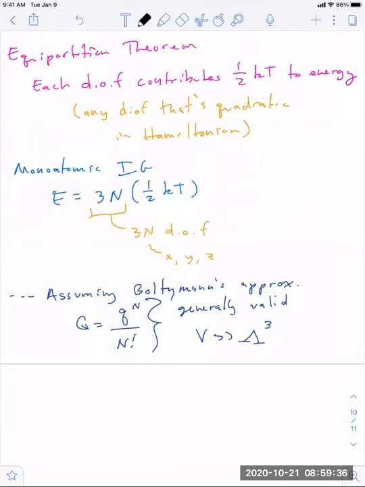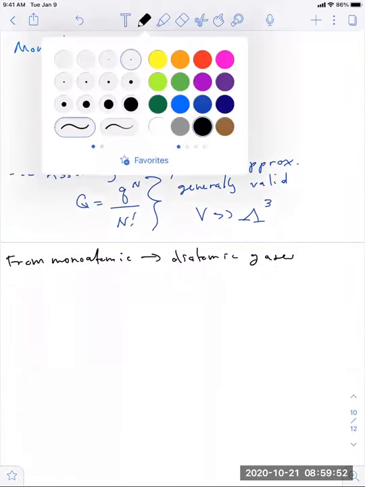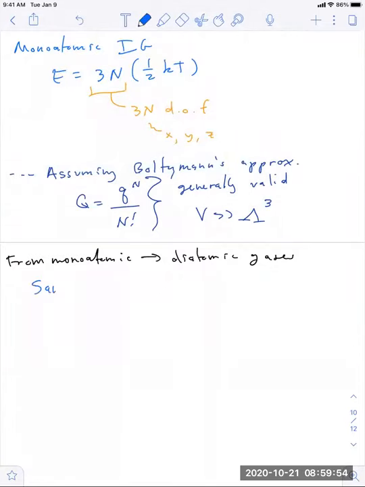All right, so on we go. From monoatomic gases to diatomic gases. We're going to try to apply a similar workup where we think about the degrees of freedom in our system. But because we now have two particles connected together by a bond, we have slightly different degrees of freedom than in the monoatomic case.